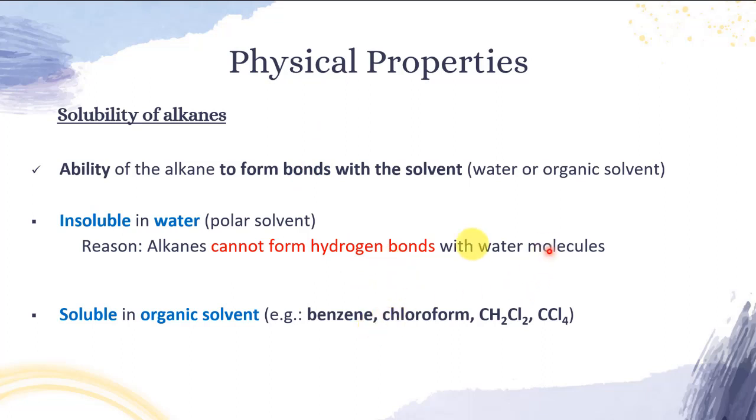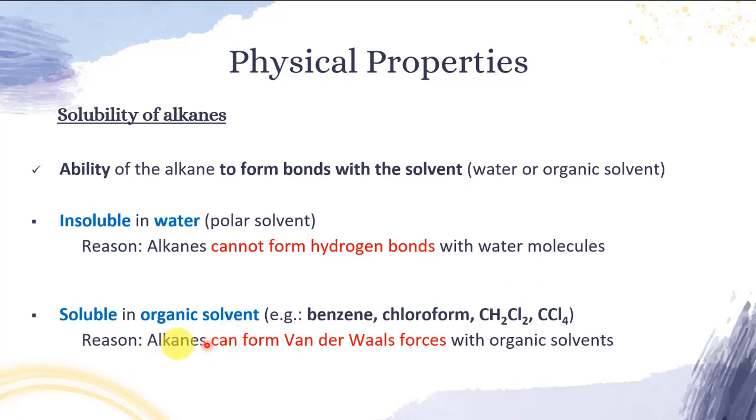With water, hydrogen bonds cannot form, but with organic solvents, alkanes can form van der Waals forces, or London forces. It depends on what solvent is mentioned in the question. So that's it for the physical properties, boiling point and solubility, of alkanes.